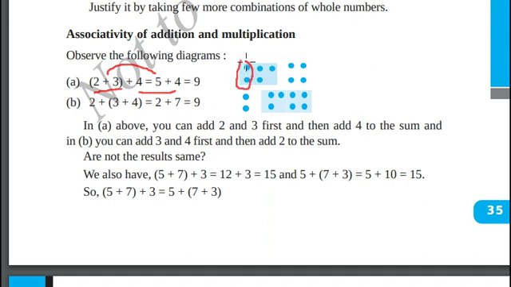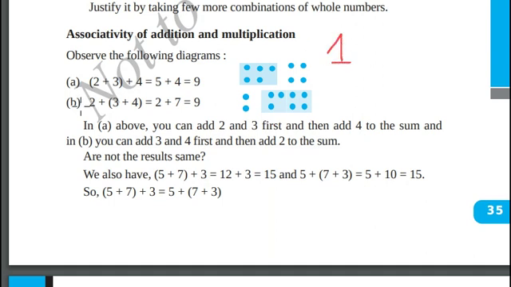We have 2 chocolates here and we have 3 chocolates here. We grouped them as a single group. 2 plus 3 is equal to 5. Then we got 4 more chocolates. When we add these two, we will get 9 chocolates. This is one way.